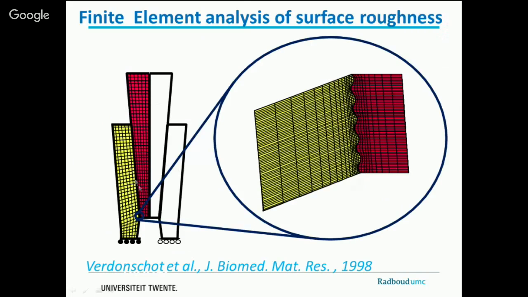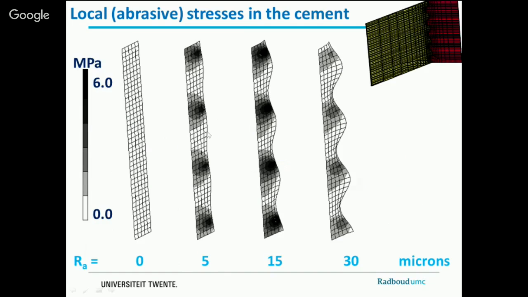So we made a finite element model of that. So here you can see the taper, and here the cement, and we zoomed in to analyze the surface roughness. So here it is super smooth, and here it is super rough. And if you look at the stress levels, at 5 micron roughness, you could see stress levels going up.